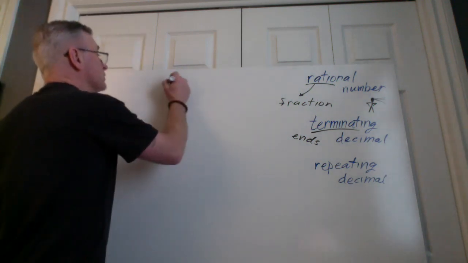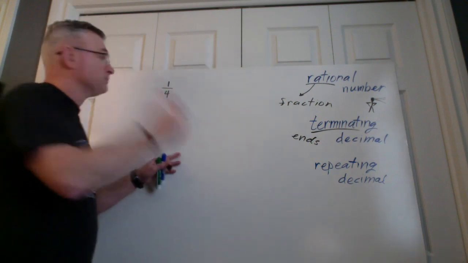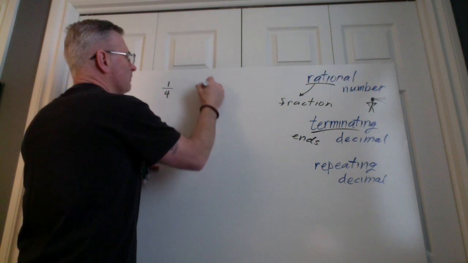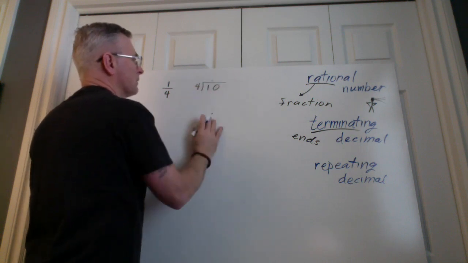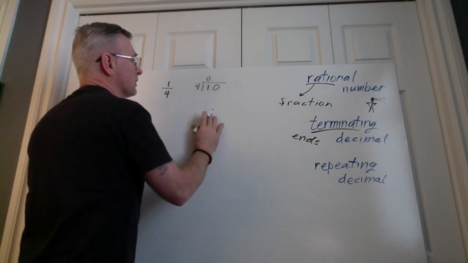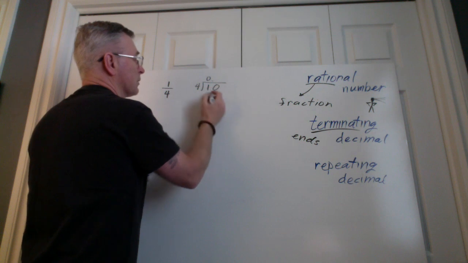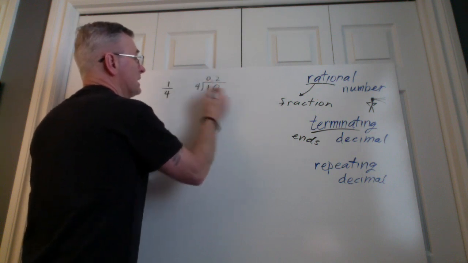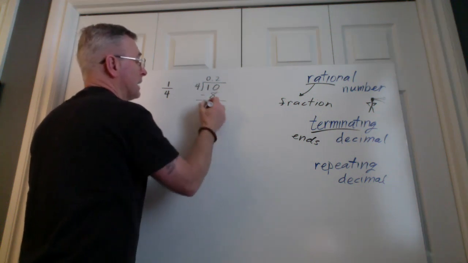One example of a terminating decimal is the number 1/4. The number 1/4, if we divide 4 into the number 1, okay, we've got my decimal here, and I put my 0 out front. 4 doesn't go into 1, so there's a 0 there. We bring our 0 down, and then it goes into 10 twice. 8, this is a subtraction now, and now I've got my 2 back there.